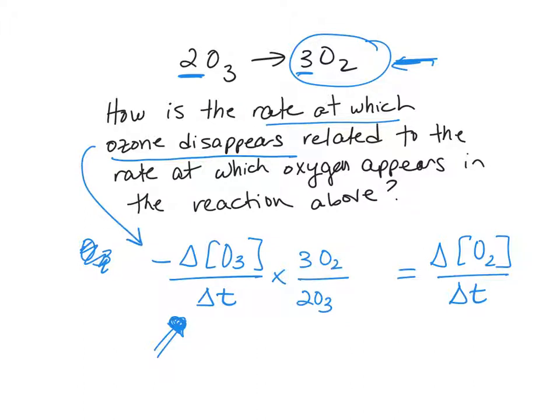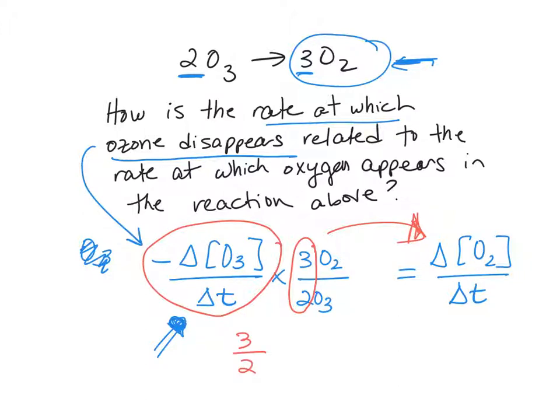So we will have to multiply this by 3/2 in order to make it equal to what's happening on the other side of the reaction. So 3/2, that's a negative here, times the change in the concentration of ozone over the change in time will be equal to, at that particular point in time, the change in the production of oxygen over the change in time. So that is how you would relate these 2.